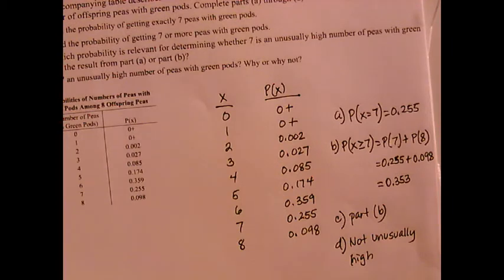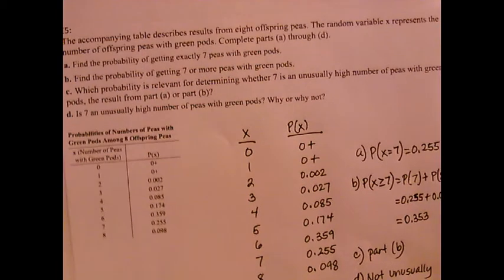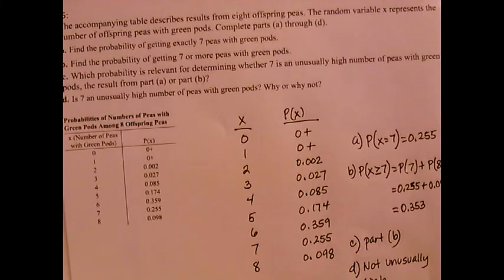Okay, so pretty much be familiar with your probability distribution tables and how to interpret probabilities and determine whether a number is unusually high or unusually low. And that will complete this video on probability distributions.